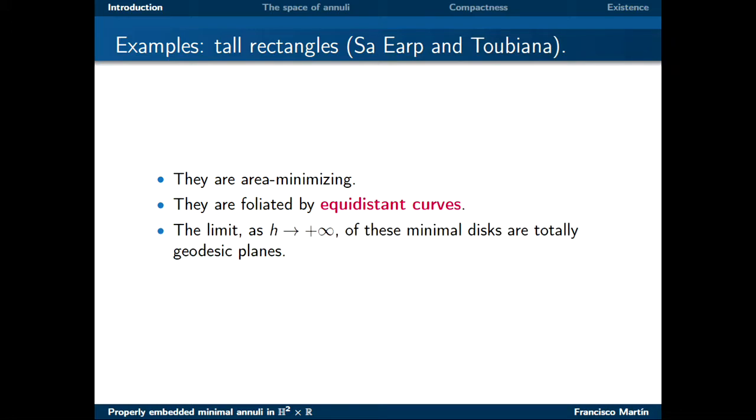It's area minimizing, which is even more than being minimal. Area minimizing in this context for a complete minimal surface means that any compact piece is area minimizing.